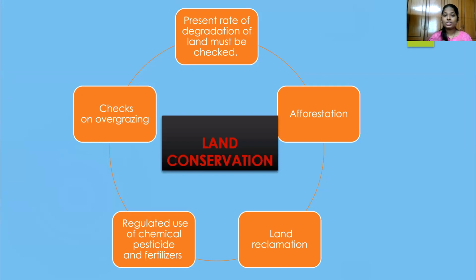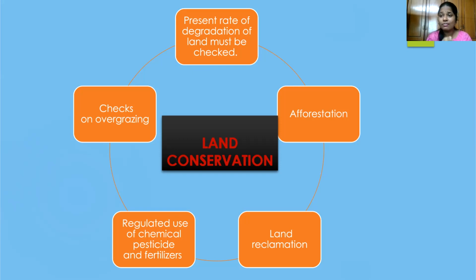So what can we do to conserve our important resource, that is the land? Firstly, the most important, everyone knows that we should plant trees. We should encourage afforestation, right? Okay. Then we know that presently there is degradation taking place, so we need to check that degradation.